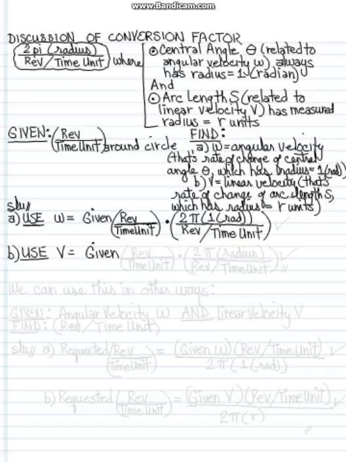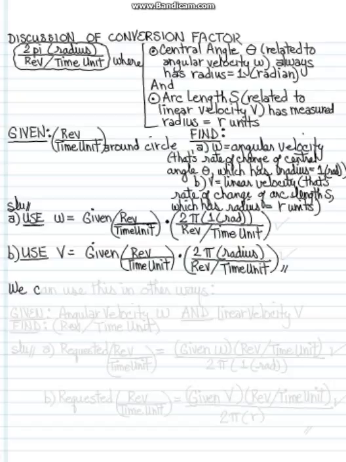V equals the given revolutions per time unit, which is what's provided for us, times a conversion factor of 2 times pi times the radius that we have for the circle divided by the number of revolutions over time units.